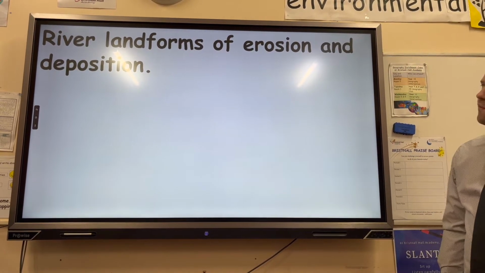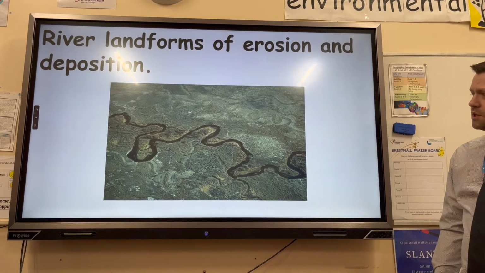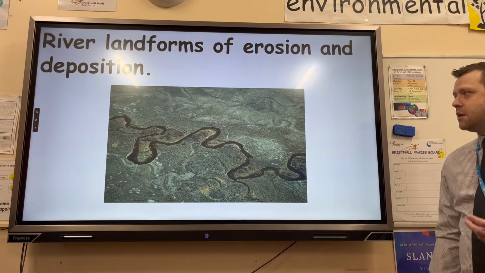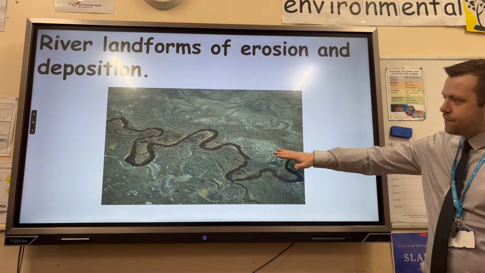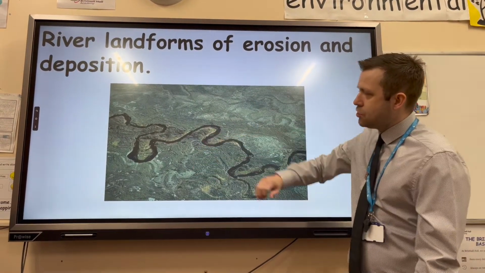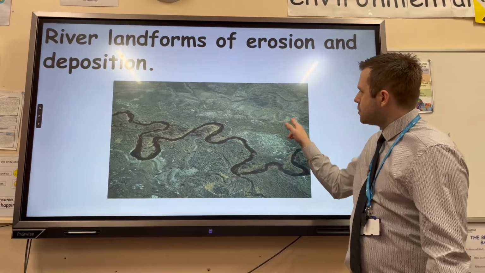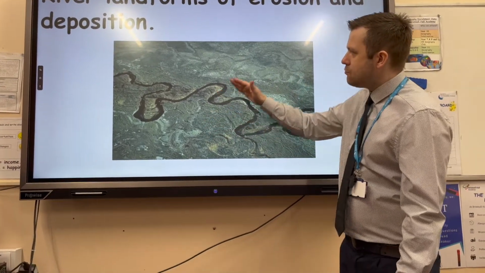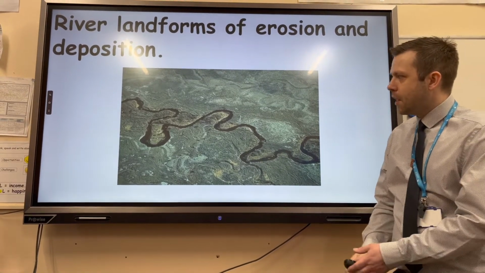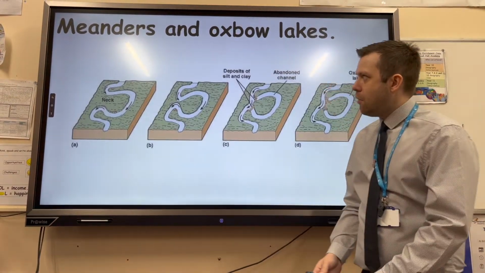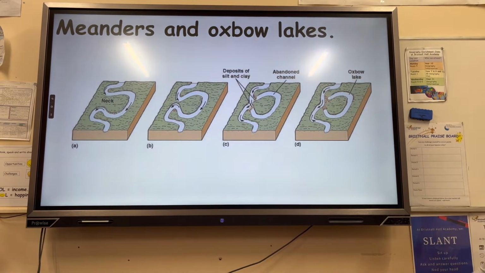The next is river landforms of erosion and deposition, and what we're looking at here is meanders and oxbow lakes. So if we look, this is the middle course of the river. You can see the valley is now much flatter, and if you look closely you can see the scars of where this river used to be as it's migrated laterally across the floodplain. Erosion and deposition and how oxbow lakes are formed.